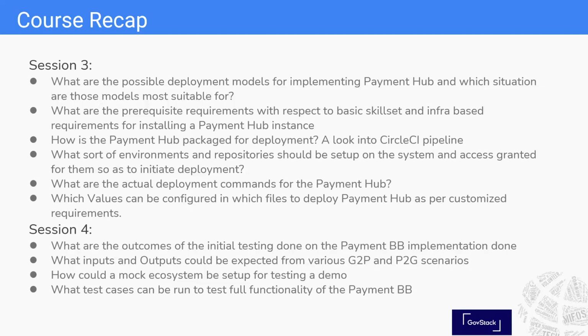So we shared a brief snippet of that testing as well. And finally, we concluded session 4 with the possible test cases that could be written into the test plan if the implementers want to test on their own. They matched with the testing that was done at our end when we were implementing the payment building block, but just to give an idea of what could be written in the test plans.